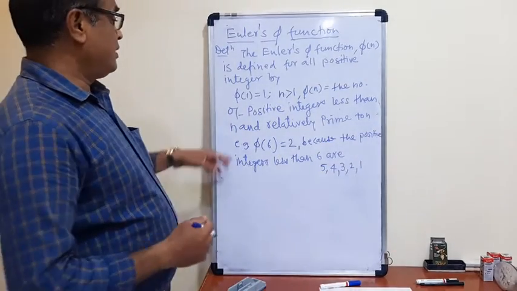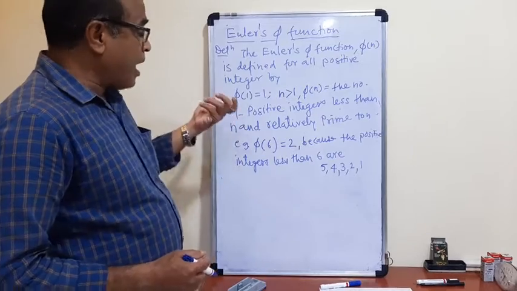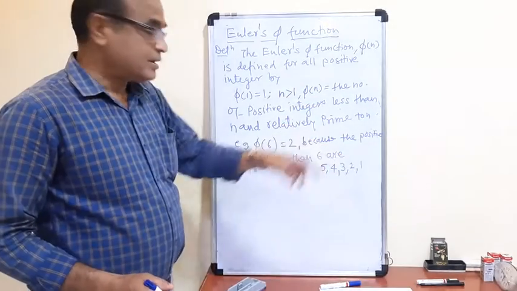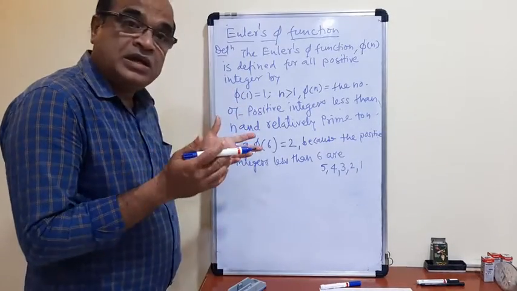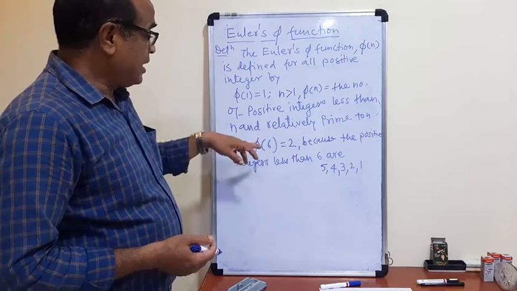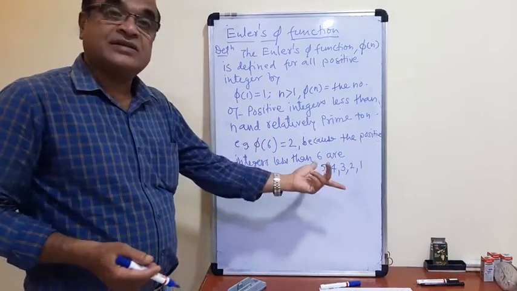But we have to find those numbers relatively prime to n. What are the integers relatively prime to 6?